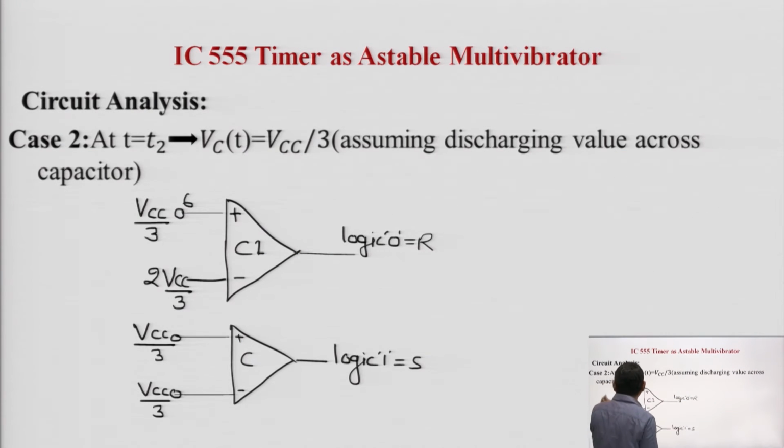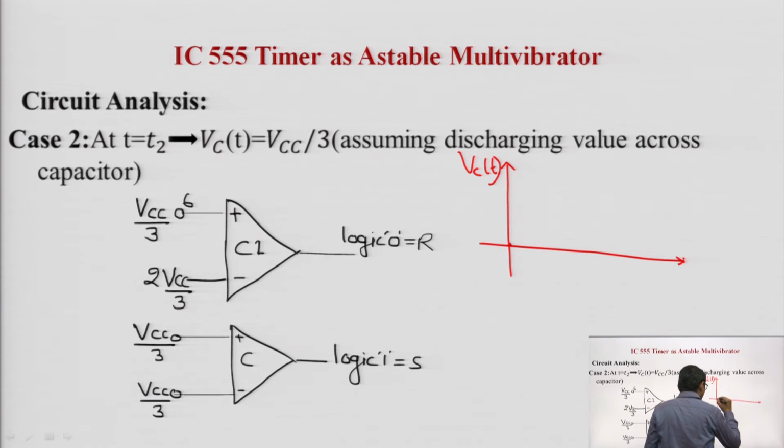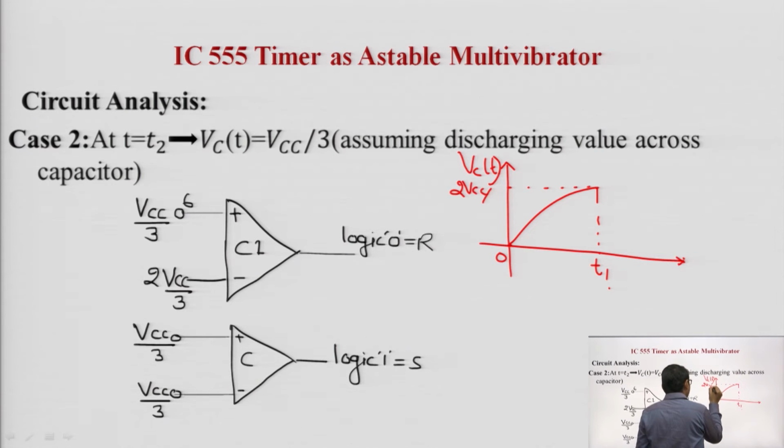At t equal to T2, what will happen? This is VCT at 0, at t equal to T1 this will be 2 VCC by 3, and it tries to discharge.